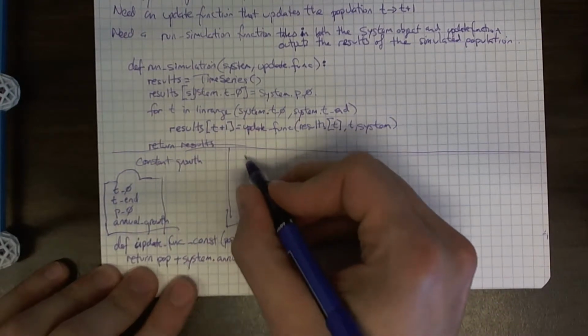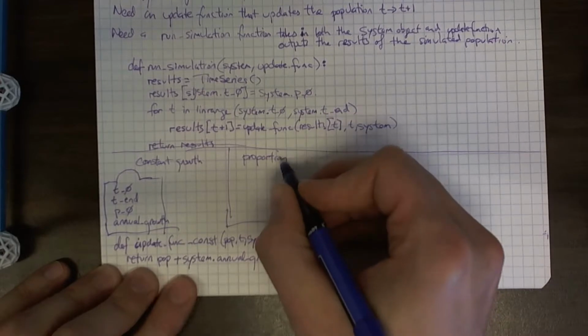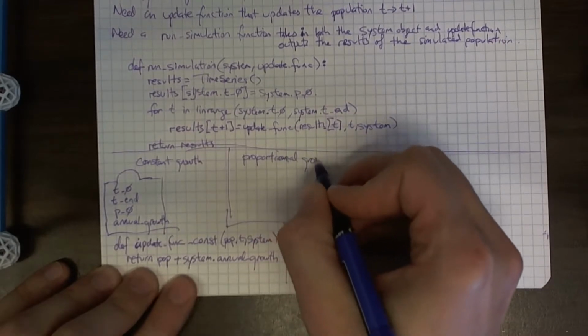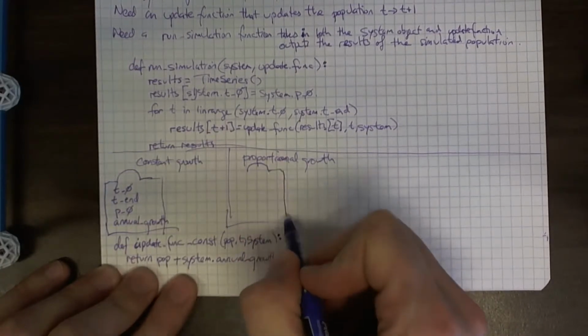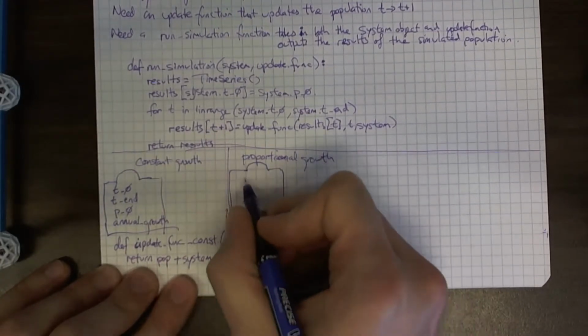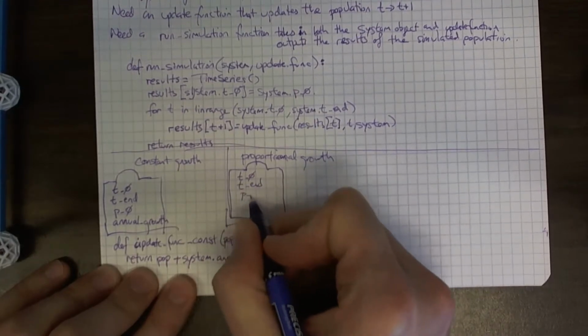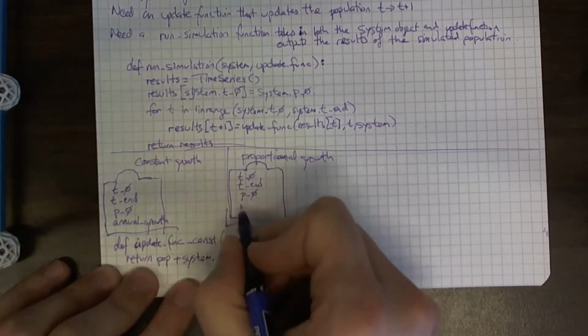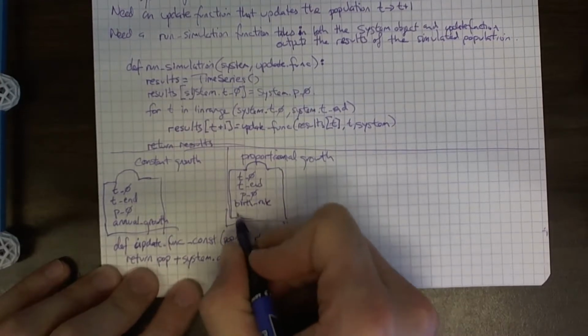For the proportional growth, our system variables need to have t0, t_end, p0, and then we need the birth rate and the death rate.